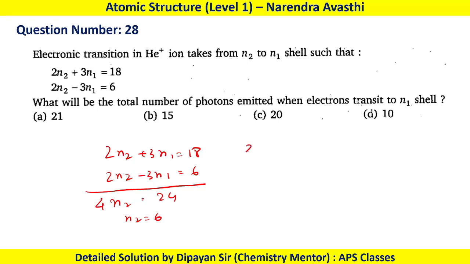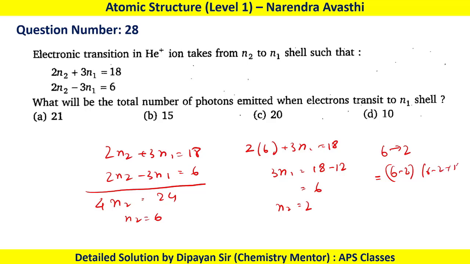Now we can write 2 into 6 plus 3n1 equals 18, or 3n1 equals 18 minus 12, that is 6. So n1 will become 2. Now the electrons are coming from 6 to 2, so the number of possible transitions is (6 minus 2)(6 minus 2 plus 1) divided by 2, so it will become 4 into 5 divided by 2, or 10. So option D should be the correct option.